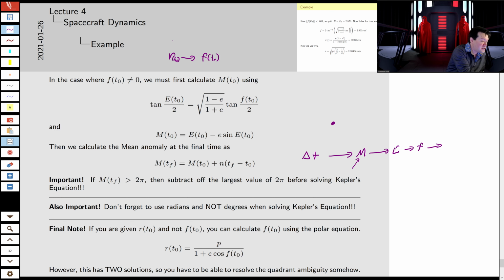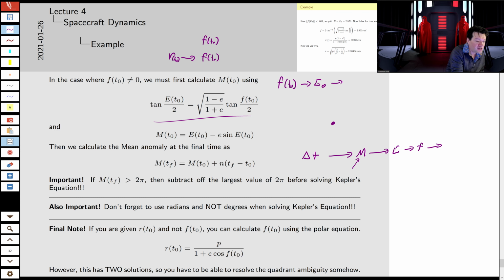Another case, you're just given the initial true anomaly directly. In any case, you want to calculate your initial true anomaly as your first step. Then we use that to calculate our initial eccentric anomaly using the formula provided.